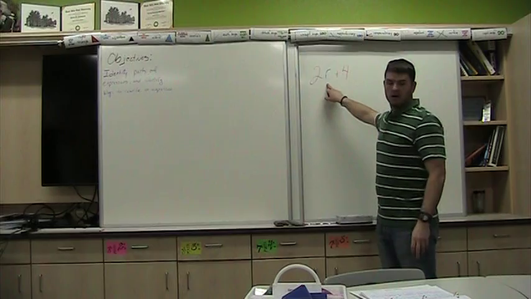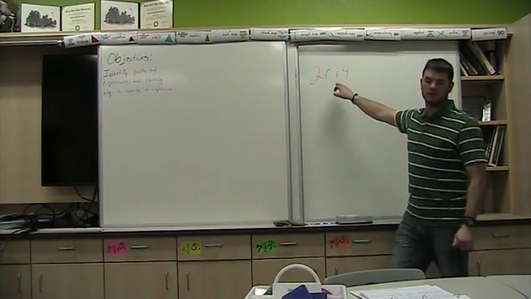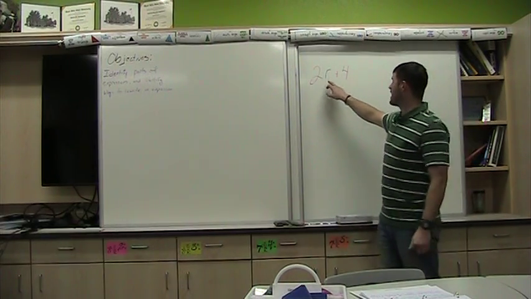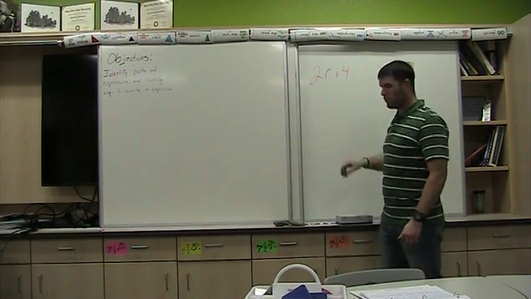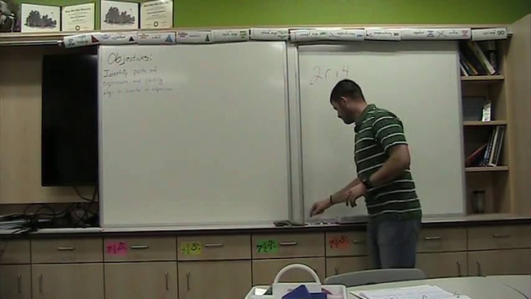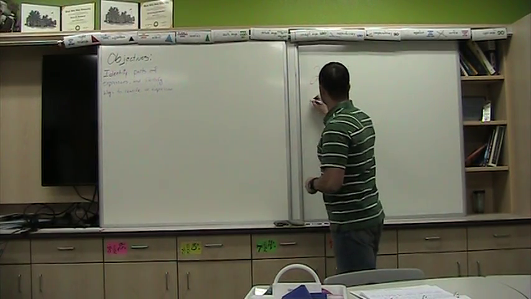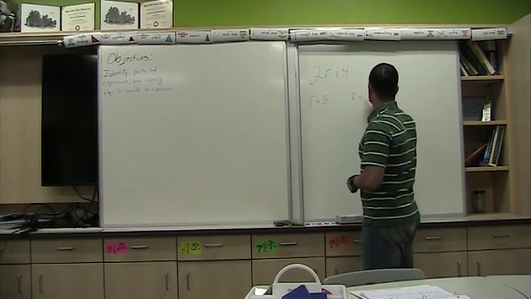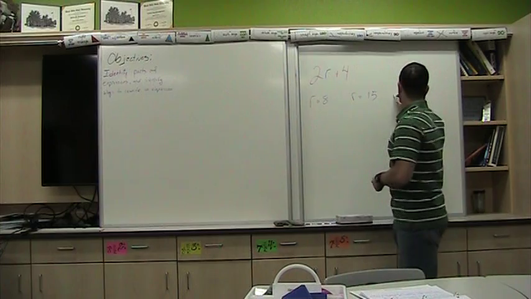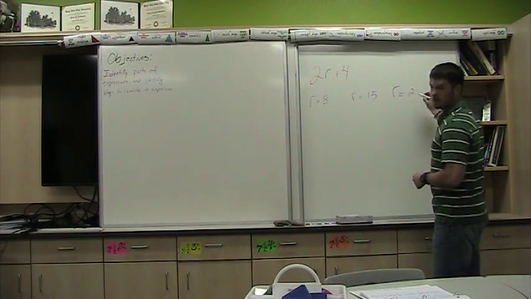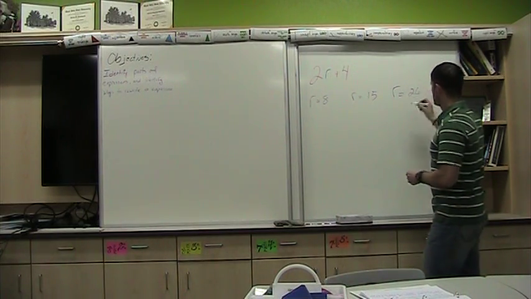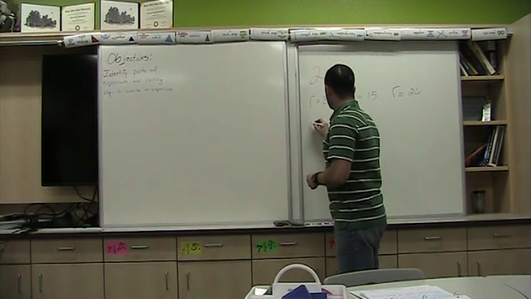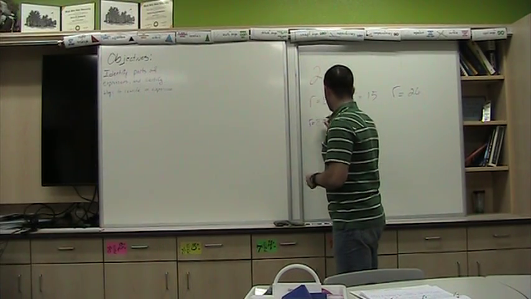So the R is the number of people that enter the park. So if we evaluate this, when R equals 8, R equals 15, and R equals 26, we'll have R equals 8.